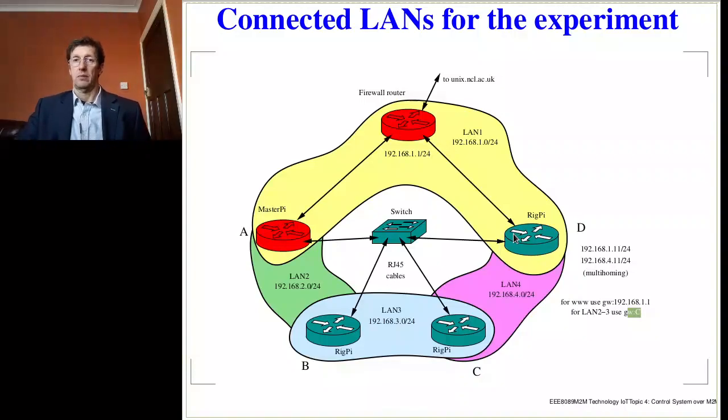So it is important that gateways belong to the LANs on which the current host sits, one or several LANs. Because the host knows everything in terms of IPs and MAC addresses about the devices which sit on its LANs. Beyond that, it has no idea. So for LAN 2, it will need to use this device as a gateway. Is it possible to use some other device?